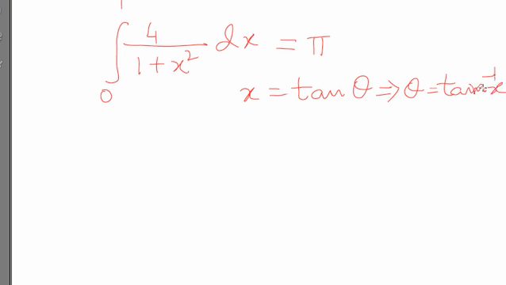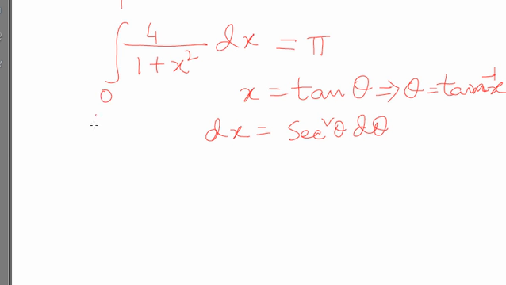I'll not go and explain all of this, because either you know it already or you don't know, and don't worry if you don't know. So if x equals tan theta, then dx will be sec square theta d theta.